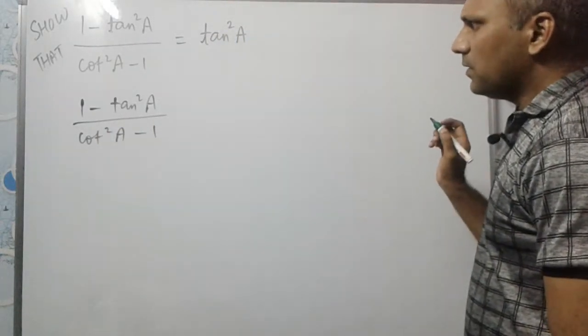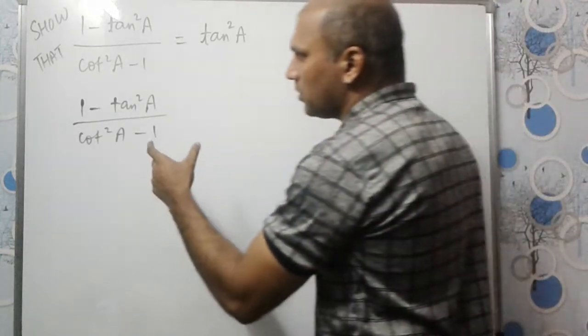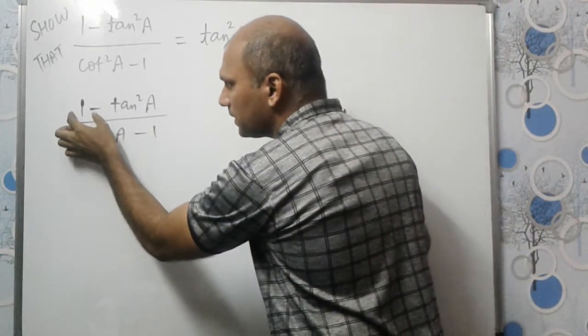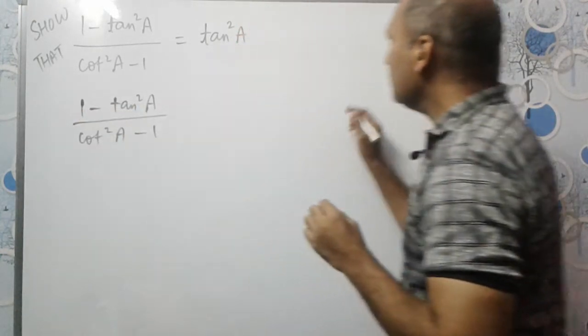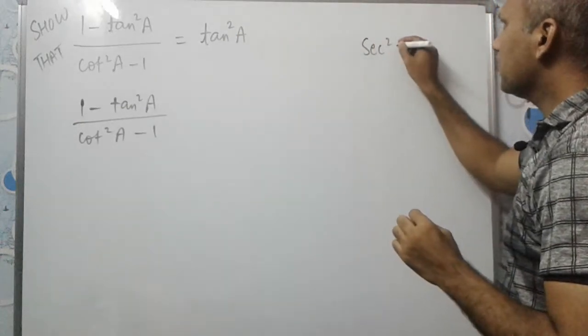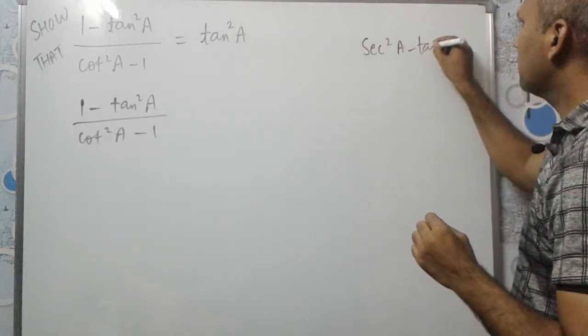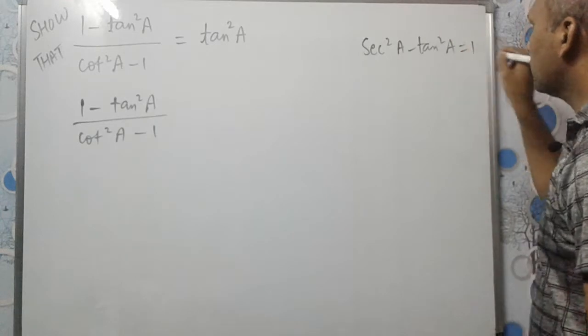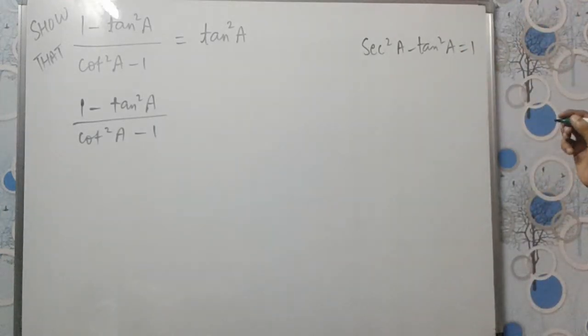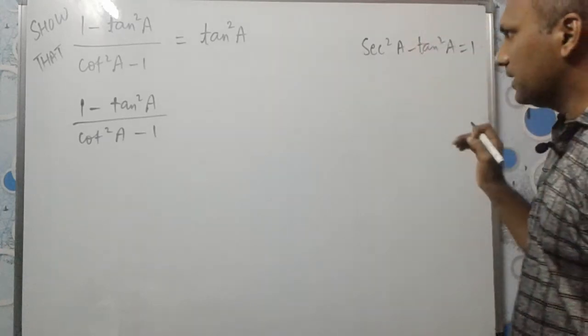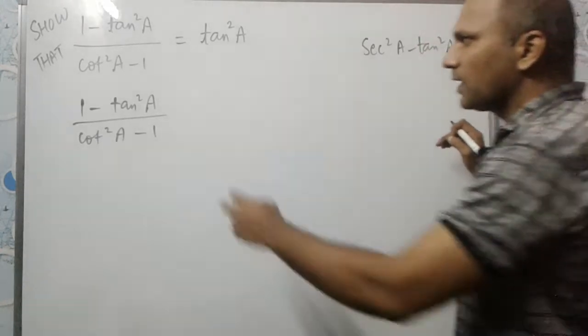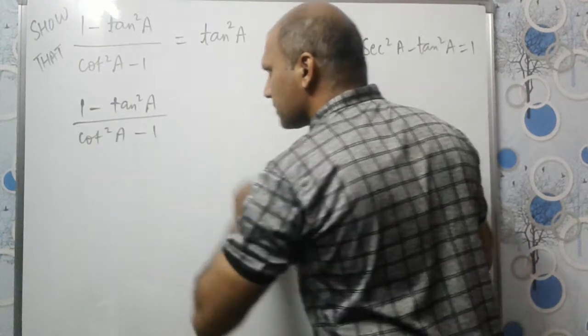Okay, now while solving this problem, students will think that we can use an identity, secant square A minus tan square A is equal to 1. Students will think they can use this identity, but if you observe carefully, we have 1 minus tan square A here.